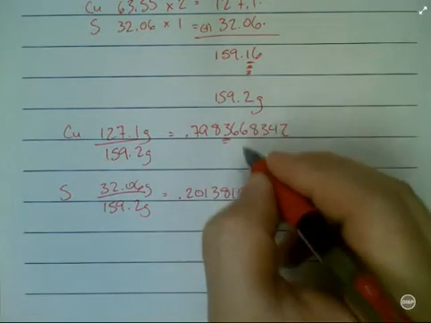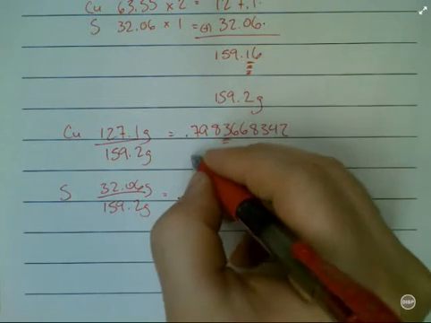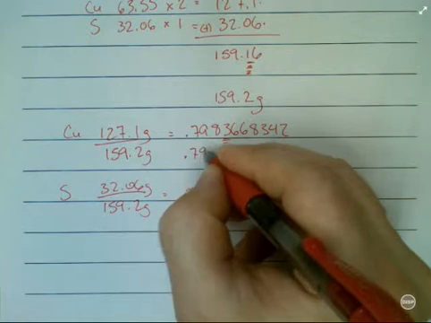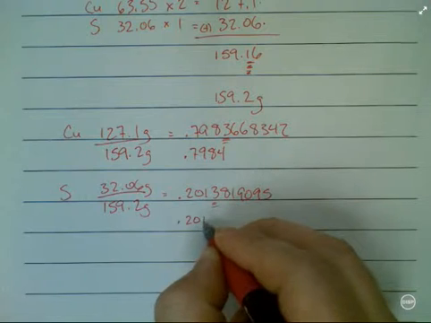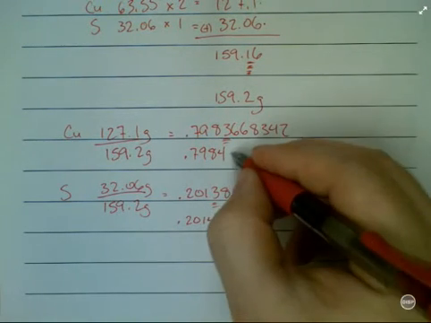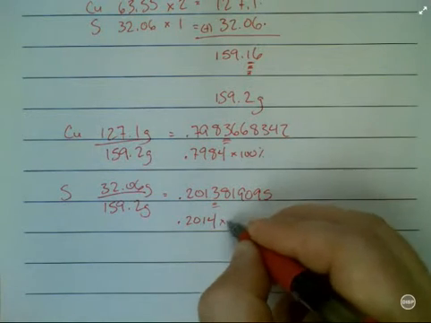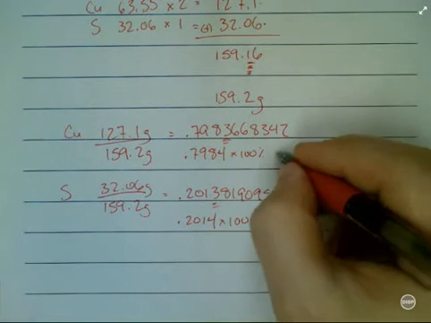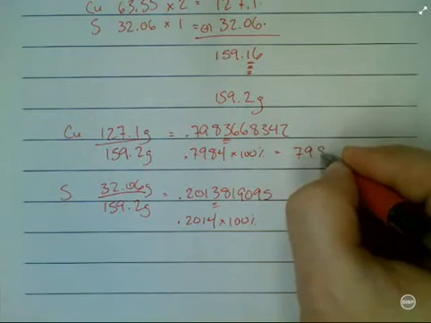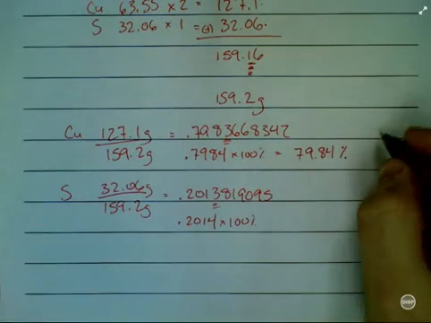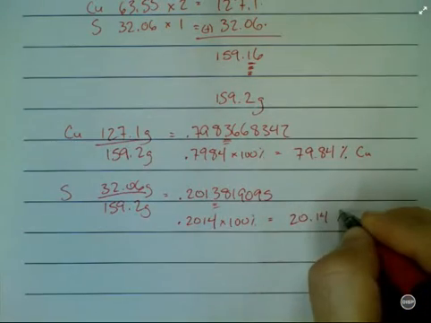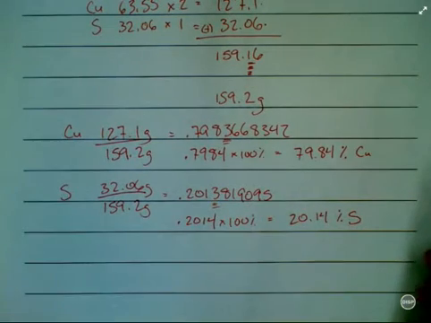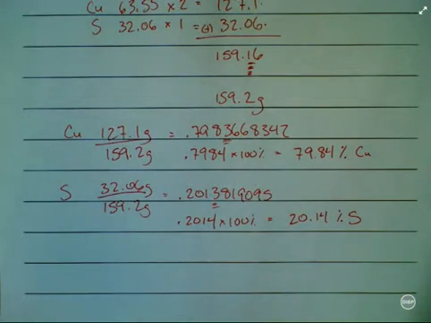I'm going to need to round to these spots. There we go. And then there we go. Now multiply by 100%, turn that into a percentage. And I'll have 79.84% copper. And I'll have 20.14% sulfur.